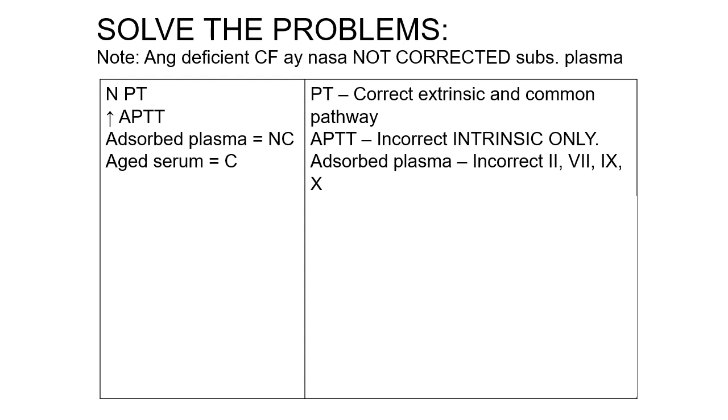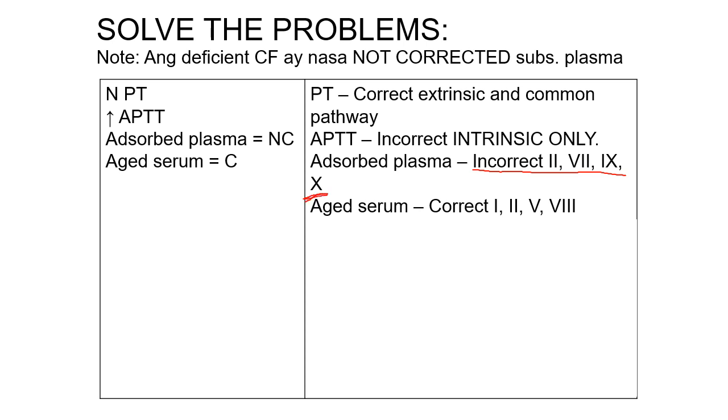Adsorbed plasma, sabi natin not corrected, so deficient ang levels of either 2, 7, 9, and 10. Ang H serum naman natin correct, so hindi natin consider si 1, 2, 5, and 8. So dito tayo magpo-focus ngayon sa ating adsorbed plasma clotting factors.